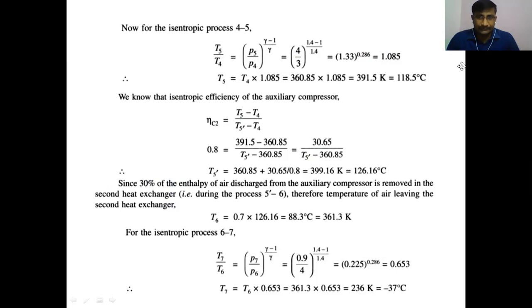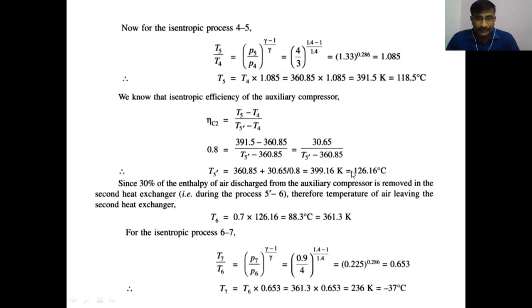Dear students, again, the second condition given: after the auxiliary compressor, in the second heat exchanger, 30% of the enthalpy is removed. How much enthalpy is contained in the air after compression in the auxiliary compressor? That is the enthalpy at T5 dash, Cp into 126.16.